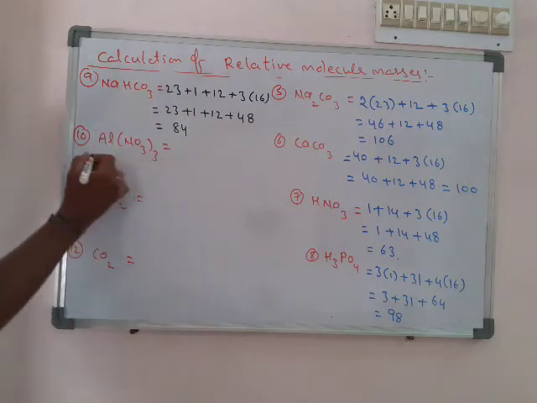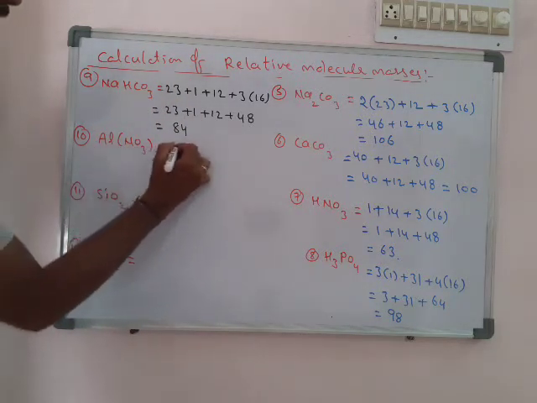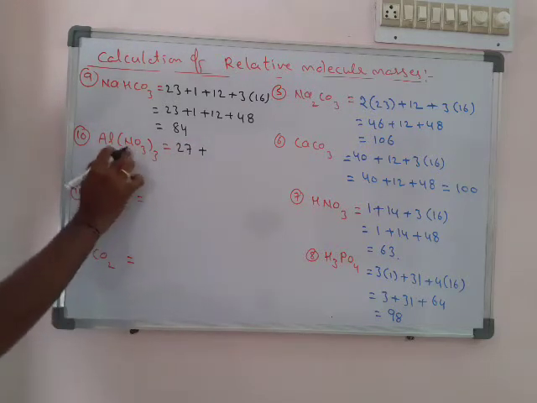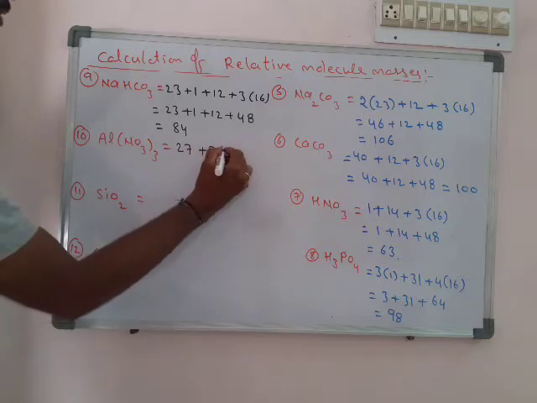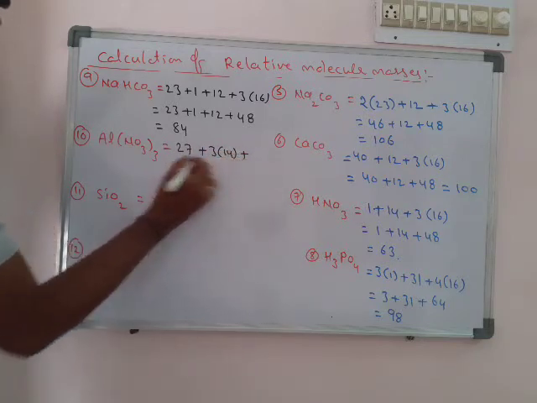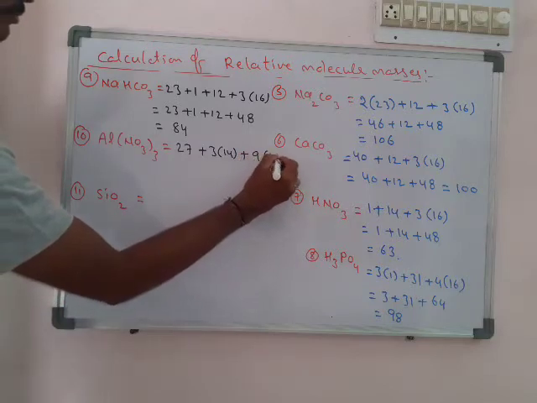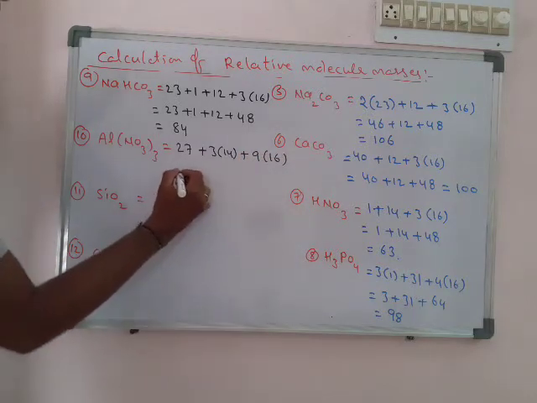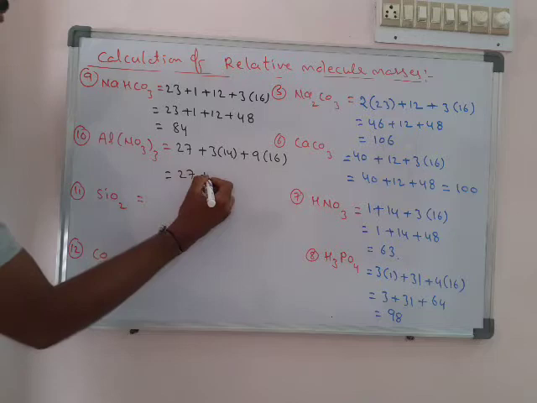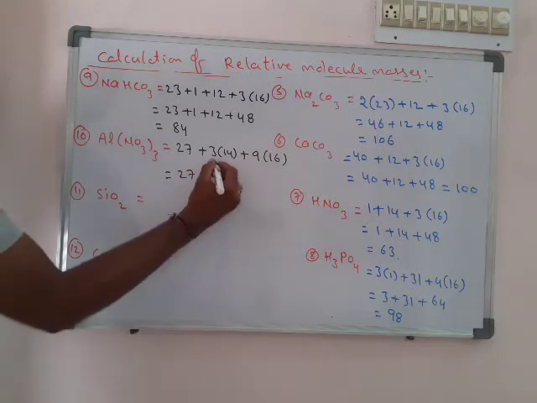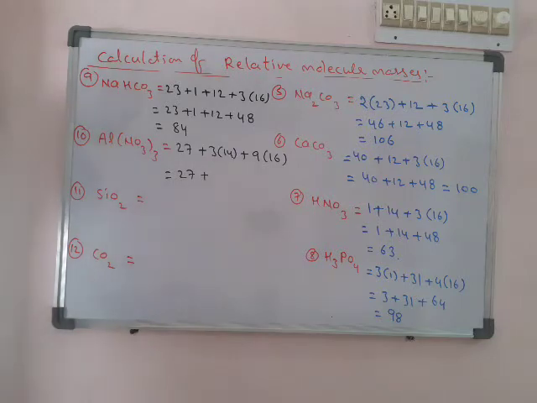Next aluminium nitrate. So aluminium 27. So nitrogens 3 are there. Taken 3. Okay. 3 into nitrogen how much? 14. Plus how many oxygens are there? 9 oxygens. Here we get 27 plus okay 40, 14, 3 how much?